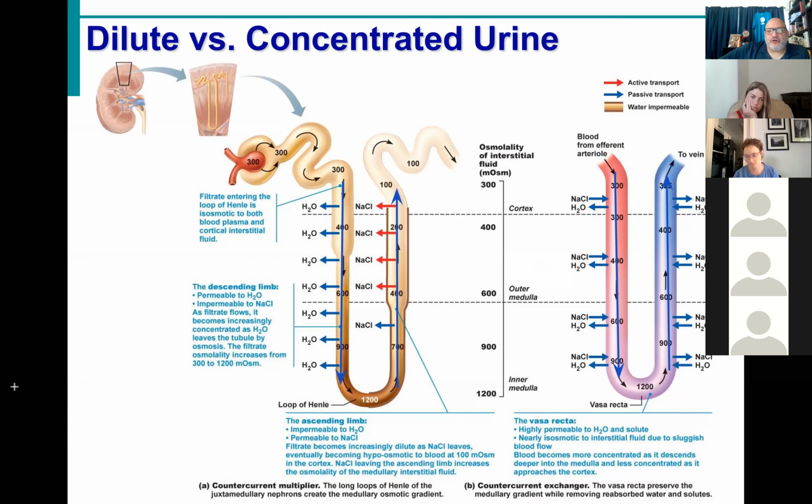So two countercurrent mechanisms that work together here in the medulla, in these loops of Henle of our juxtamedullary nephrons, to help to produce dilute, which then can be concentrated urine. So there's that.